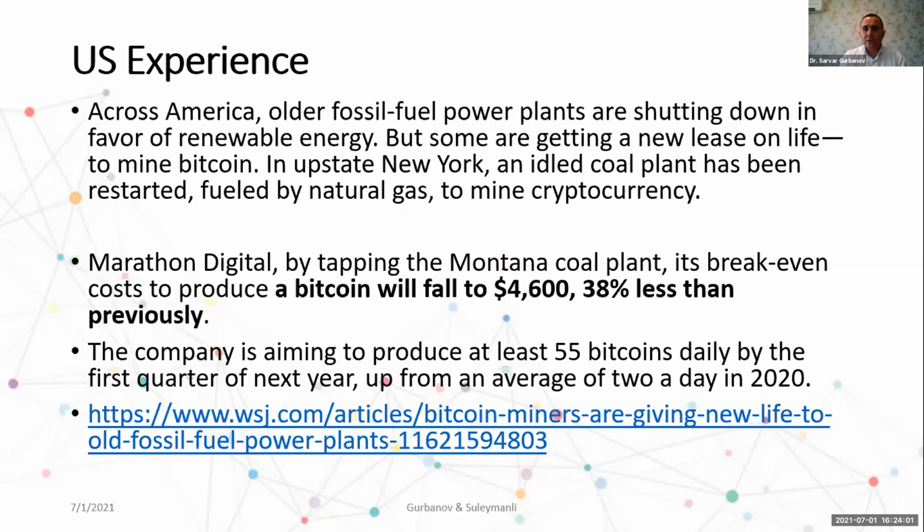Can you imagine, for example, they lowered the Bitcoin production cost, and with this methodology, adapting coal production, this company, Marathon Digital, is going to produce 55 Bitcoins daily from just 2 in 2020. So can you imagine its effect on environmental pollution?